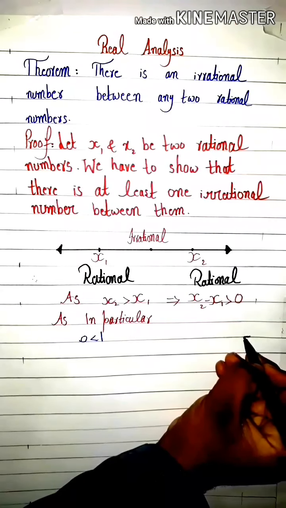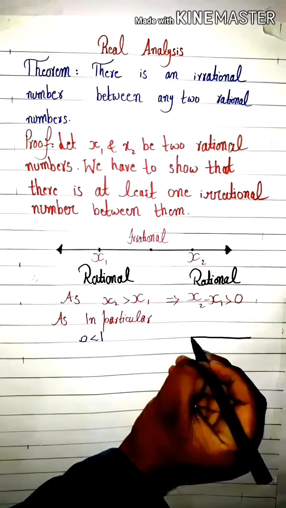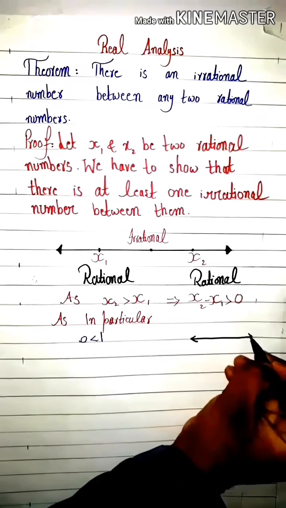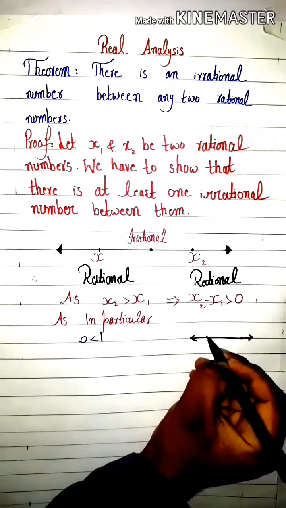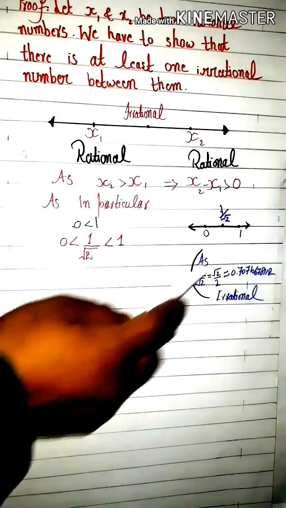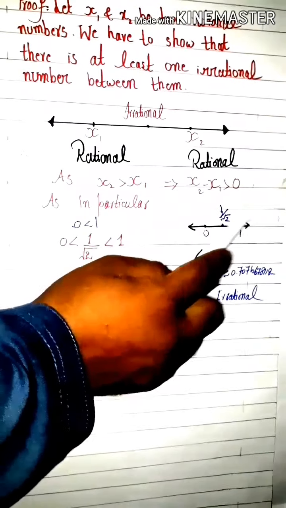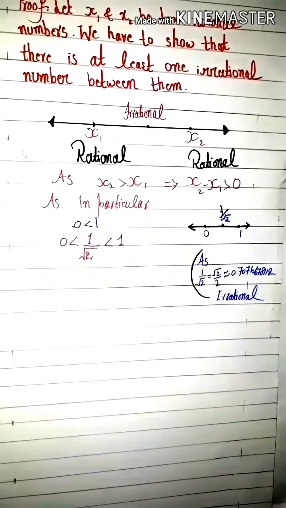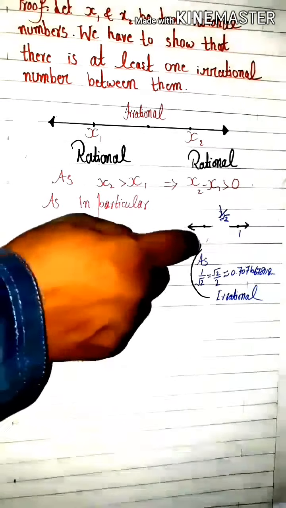In this particular case, we took two values just to understand how an irrational number lies between two rational numbers. You are looking that an irrational number lies between 0 and 1.